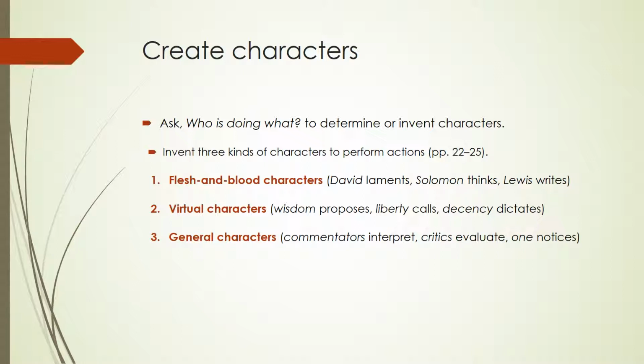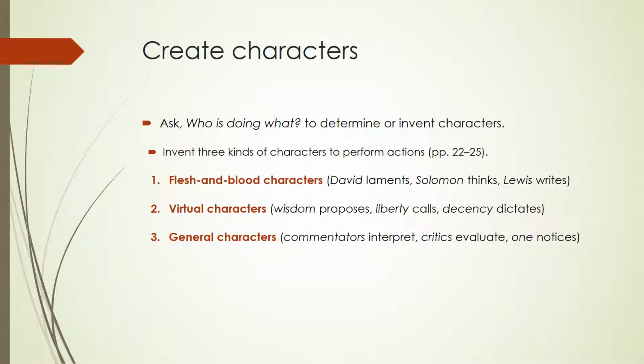For instance, David laments, Solomon thinks, Lewis writes, Jesus loves, and so forth. Or second, virtual characters, such as wisdom proposes, liberty calls, decency dictates. Or third best, general characters, commentators interpret, critics evaluate, one notices.